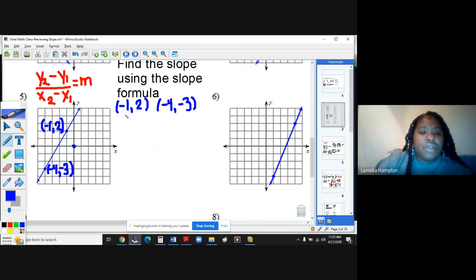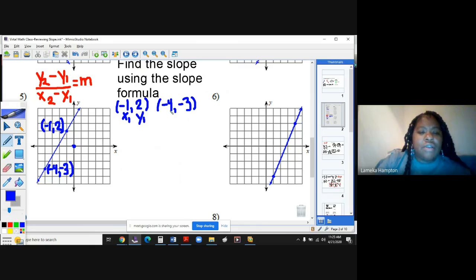Excuse me, okay? Now I'm going to name my numbers and assign my coordinates. This one would be x1 because -1 is the x coordinate of the first set, and 2 would be y1 because 2 is the y coordinate for the first set.